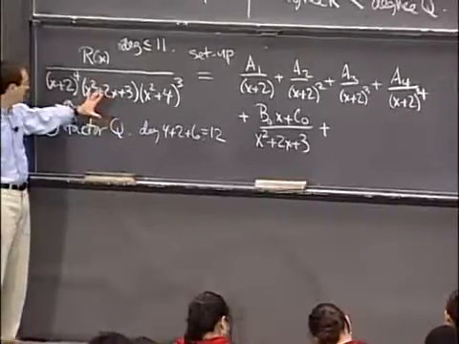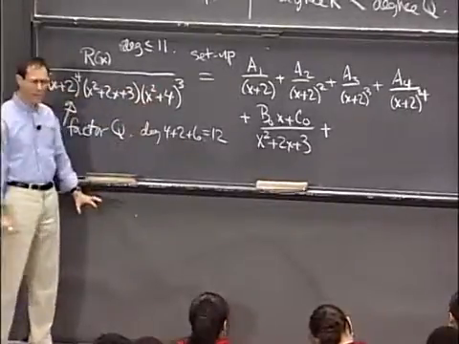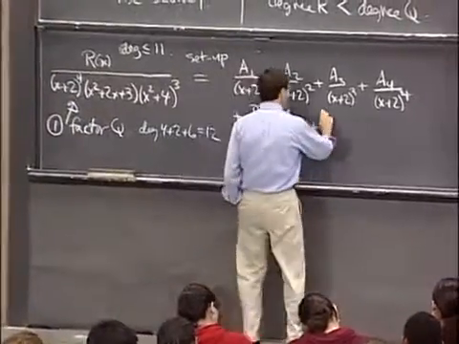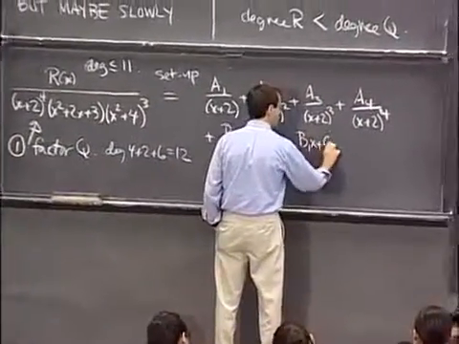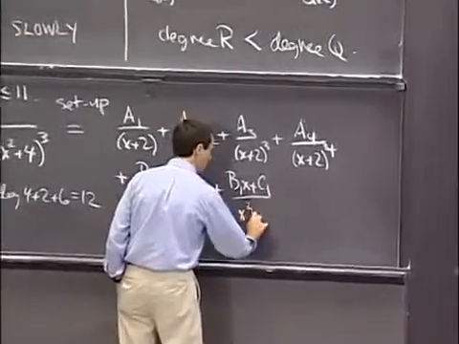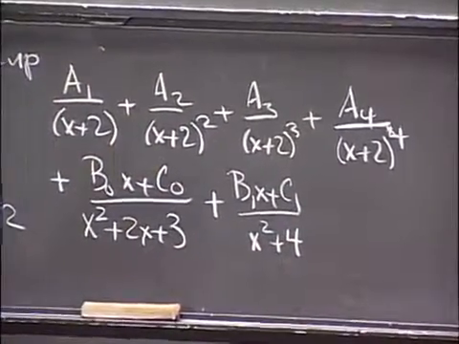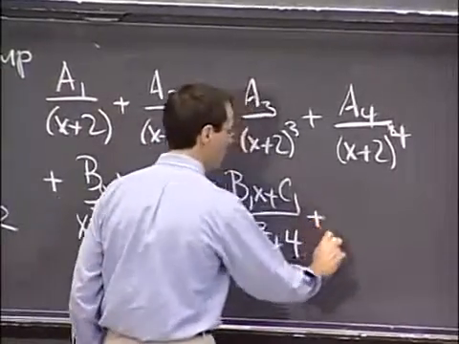All right? So when you have a quadratic term, what's going to happen is you're going to take that first factor here just the way you did in this case. All right? But then you're going to have to do the same thing with the next power.